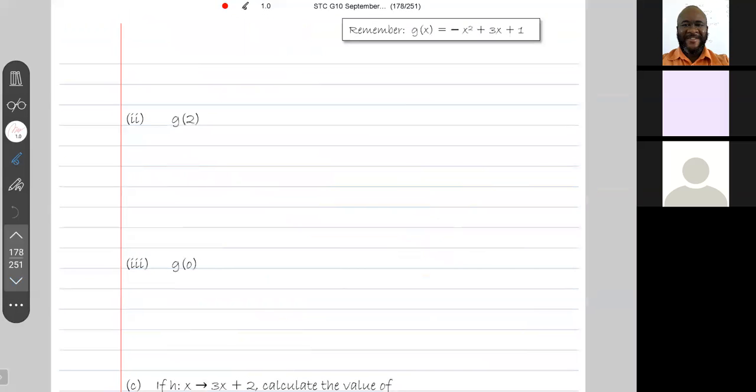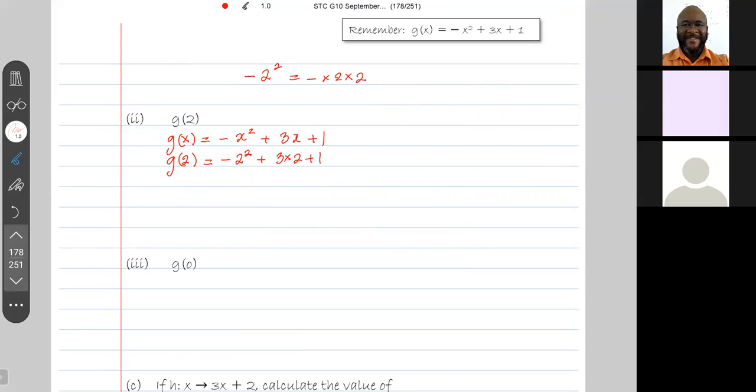All right. So next we need to find g of 2. We have g of x is equal to minus x squared plus 3x plus 1, and we're asked to find g of 2. Over to the right, wherever we see x, we're going to take out x and put 2. So this is minus 2 squared plus 3 times 2 plus 1. Minus 2 squared without the bracket means minus times 2 times 2.